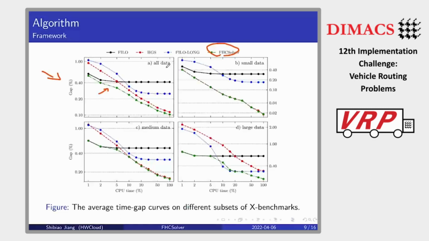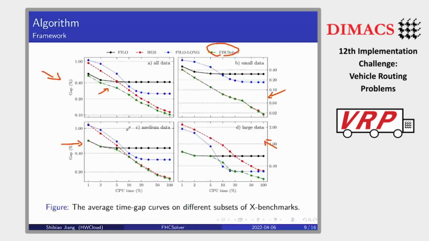Let's divide the data into small, medium, and large. For the small data, we directly use the HGS approach so that you can see the red and green curves overlap. And Philo maybe is not suitable for small data.